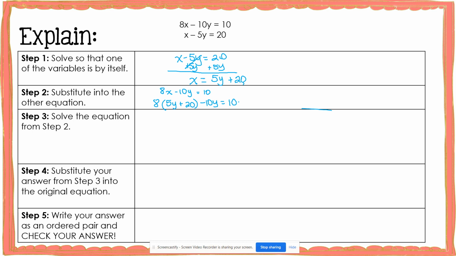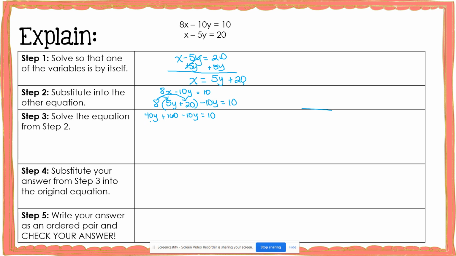Now we solve our equation. Again, it's a multi-step equation, so we're going to start by using the distributive property. 8 times 5y gives us 40y. 8 times positive 20 gives us positive 160. And then the rest of our equation says minus 10y equals 10.